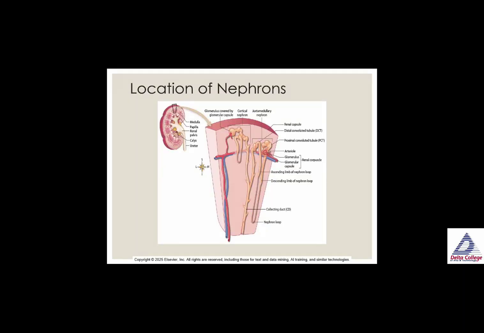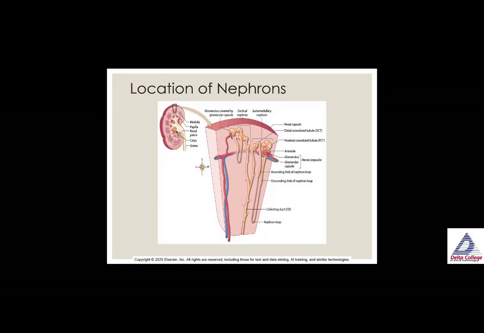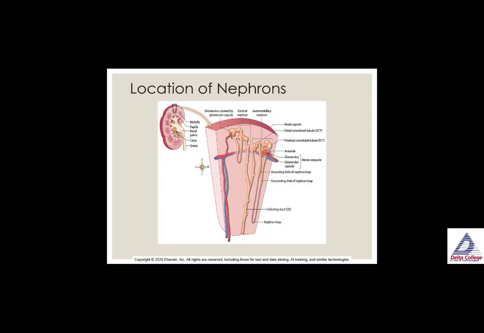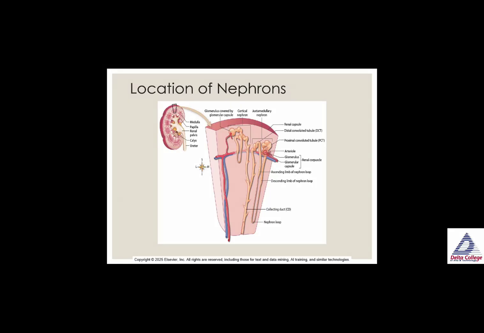And this is the location of the nephrons. There's millions of them. So in here, you can see where the glomerulus is. Remember, the glomerulus has a lot of blood capillaries and vessels in there. Then here, if you go over on the right side, you'll see the renal capsule.